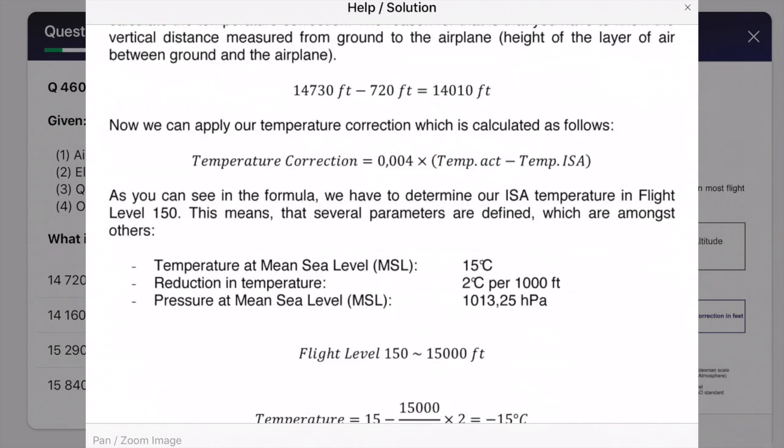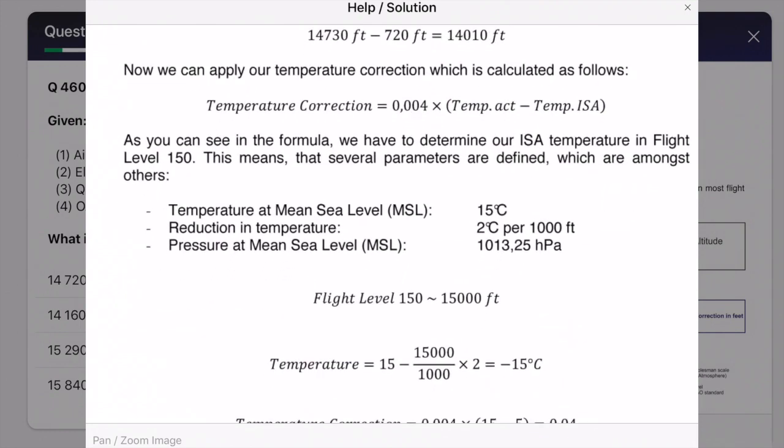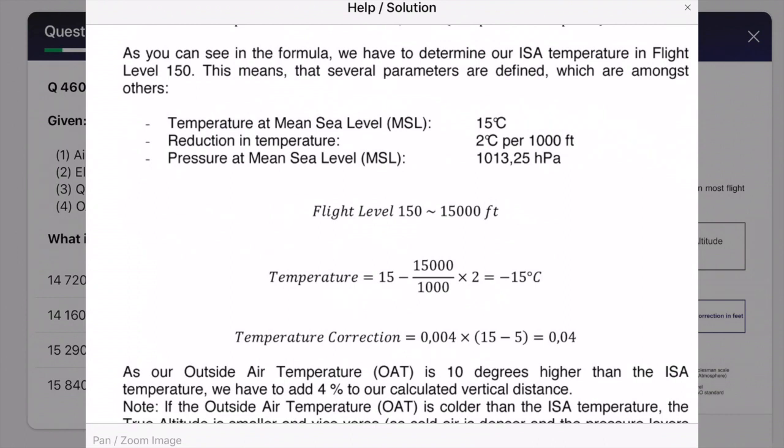We know from our given values that the temperature at flight level 150 is minus 5 degrees. What we also know from the EASA parameters is that the temperature at mean sea level is 15 degrees and the reduction in temperature is 2 degrees per 1,000 feet, which means the air gets colder every 1,000 feet by 2 degrees.